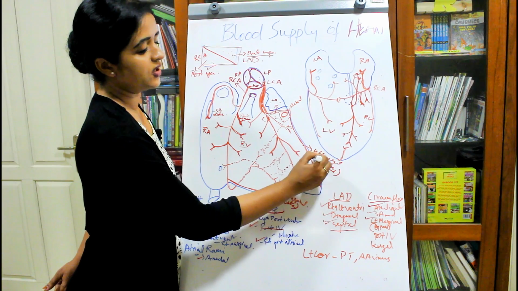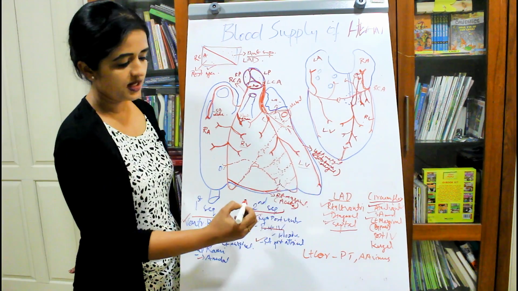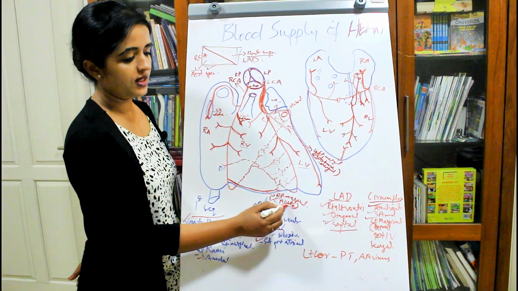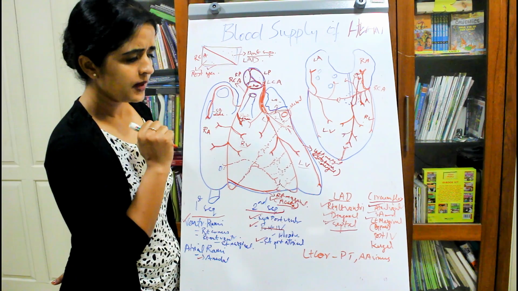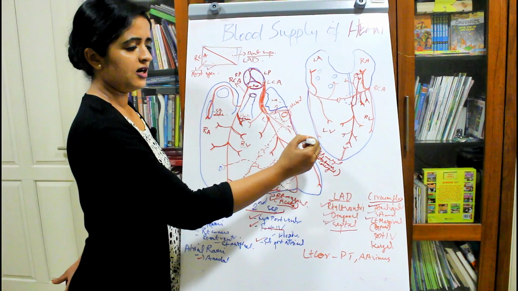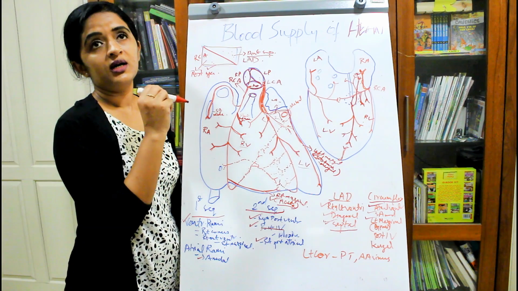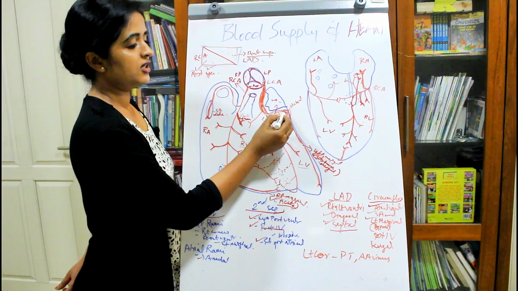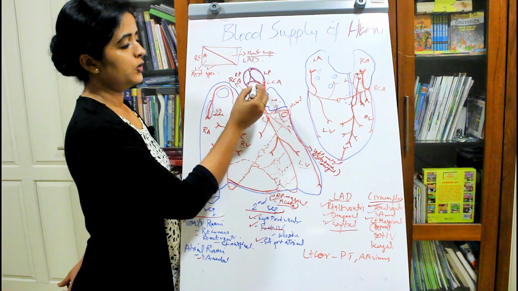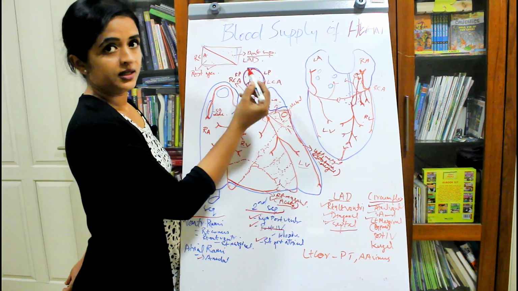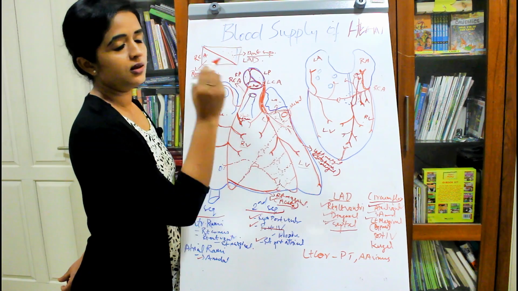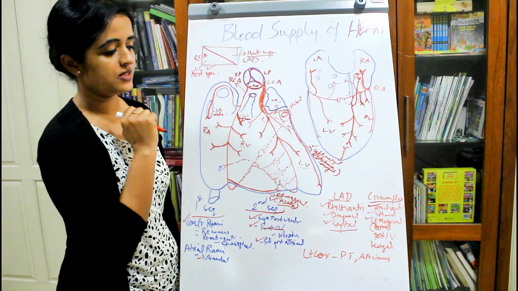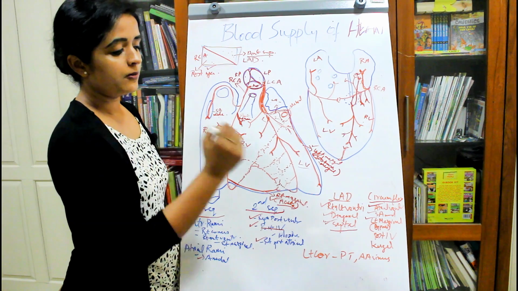Keep this point in mind: this is called obtuse marginal, whereas the marginal artery of the right coronary is known as acute marginal. This left marginal artery is made use of during bypass grafts. If you have an occlusion somewhere in the circumflex, they usually place a bypass graft from the aorta onto the marginal artery. And what is the next option?